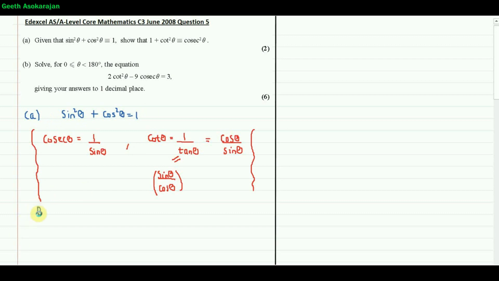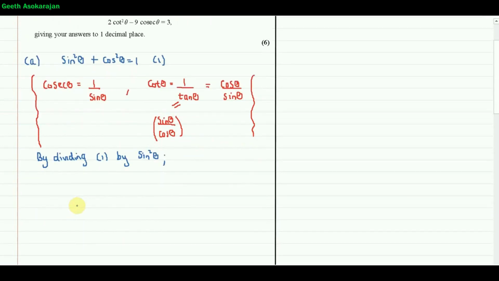So I'm going to say, by dividing, and let me name this identity 1, by dividing 1 by sine squared theta. Let's have a look at what we're going to get.